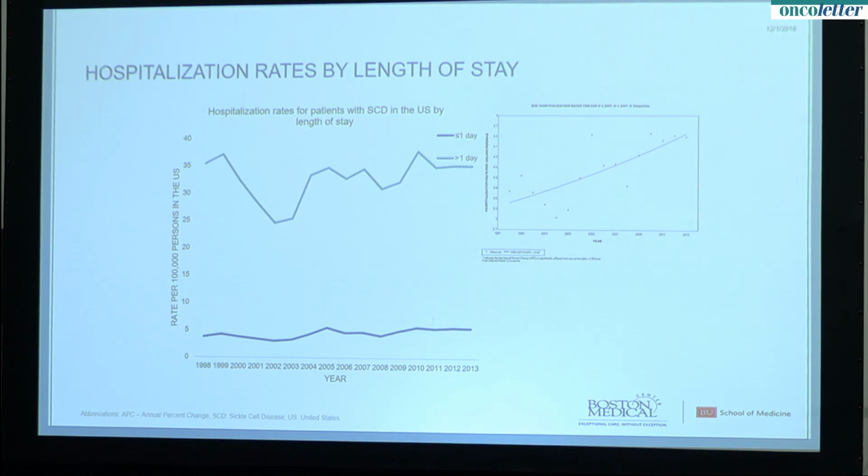And what we found out was that there was some increase in the rates of short stays, that's hospitalization for those who were hospitalized for less than 1 day. But this was mild, and the chart on the left, the inserts, demonstrates that there was not a significant rise in the rates of short stay hospitalizations.